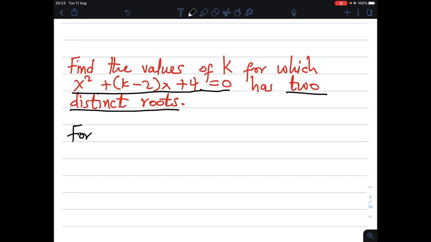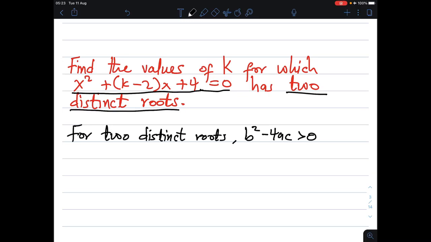So for 2 distinct roots, b squared minus 4ac must be greater than 0. That's where you start.